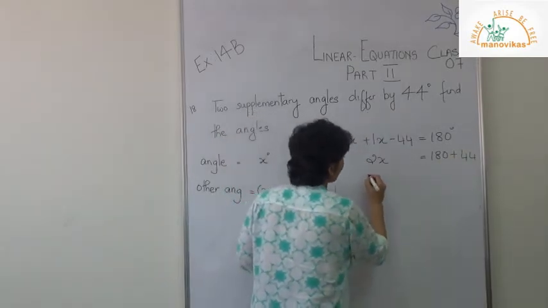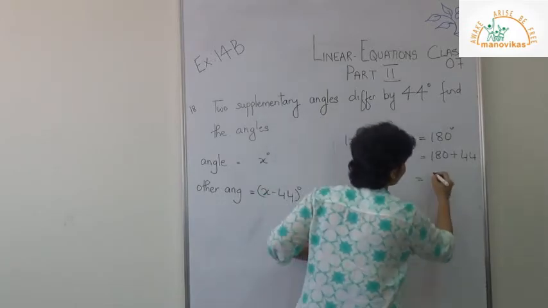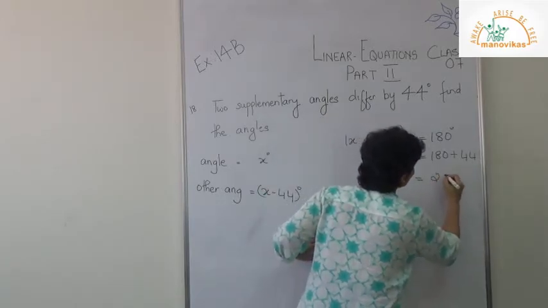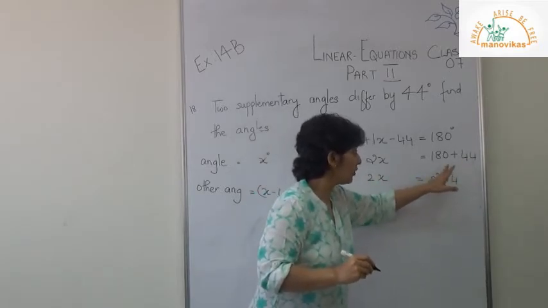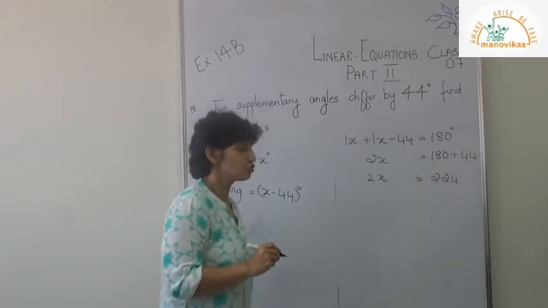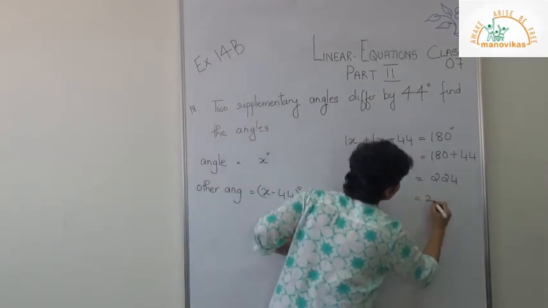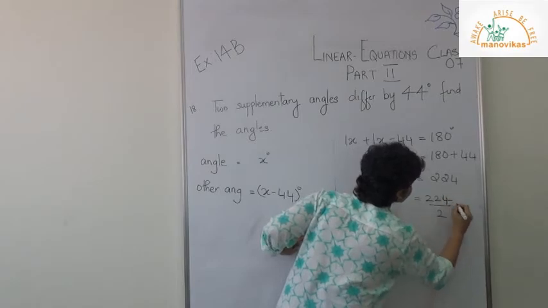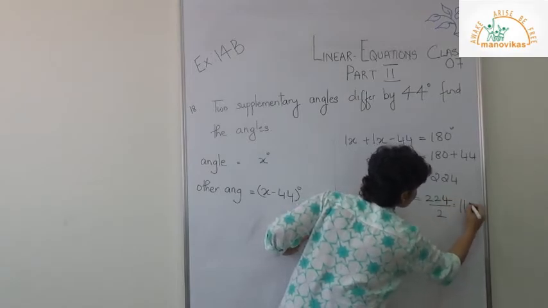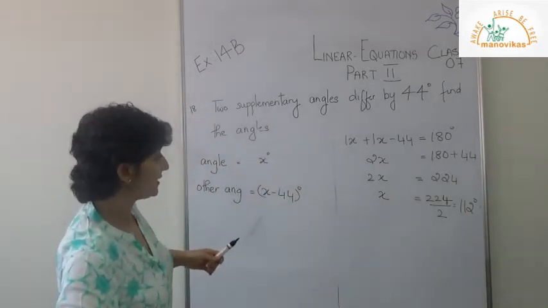Correct, children? So 2x is equal to 180 plus 44. That will be 224. Isn't it? 4 plus 0, 8 plus 4, 12, and 224. So x is equal to 224 upon 2. 2 1s are 2, 2 1s are 2, 2 2s are 4. So x is equal to 112.